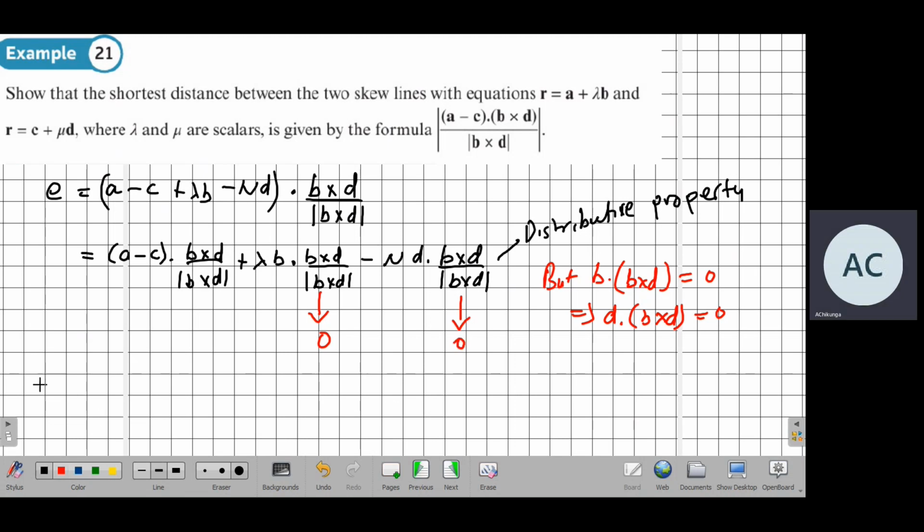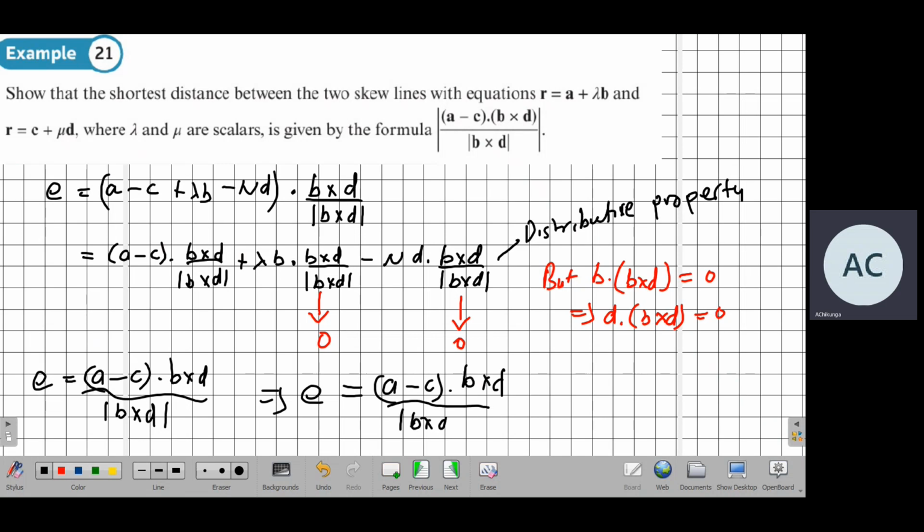So as a result, E is just A minus C dot B cross D all over the magnitude of B cross D. However, since E is distance, it's a scalar quantity, it has got to be positive. That means we have to write it in full like this: the modulus of A minus C dot B cross D all over the magnitude of B cross D, with a modulus sign here, as required above. So that's how you can solve this formula.